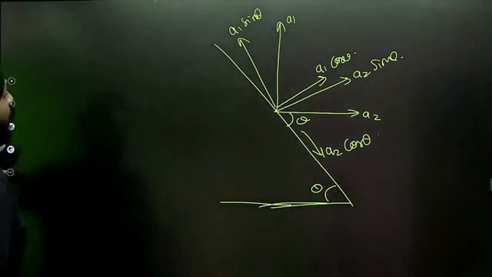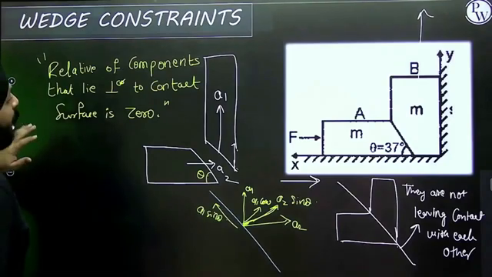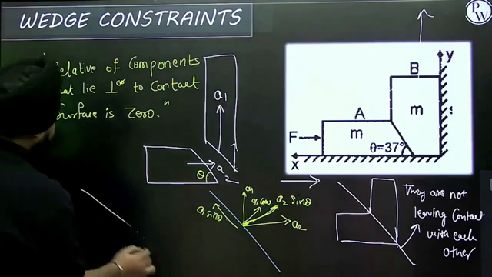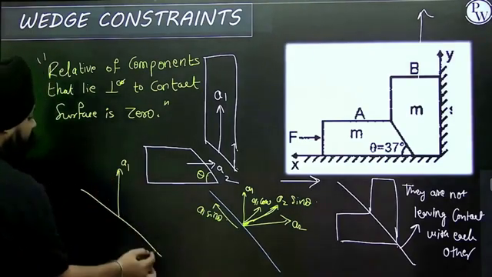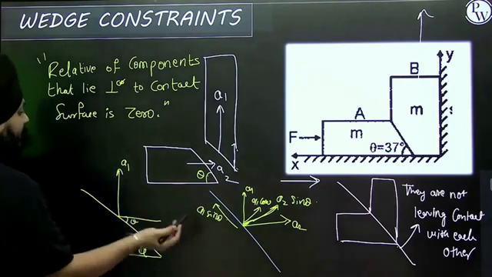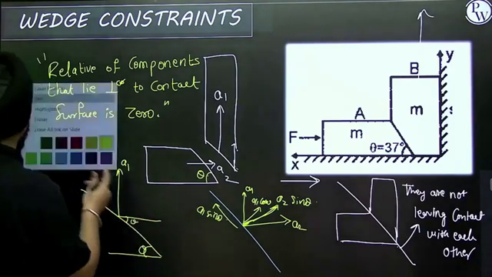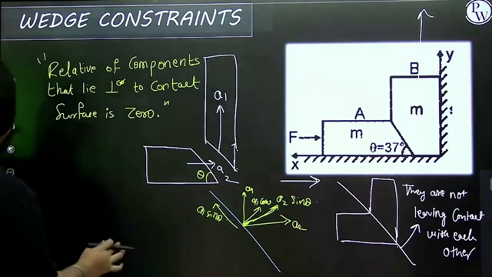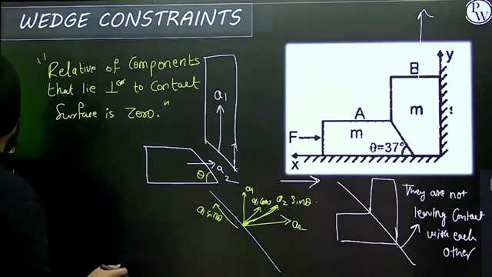If I have not done anything wrong, the upward one is A1 and this is theta, and this is also theta. It's exactly right, and it's very simple.